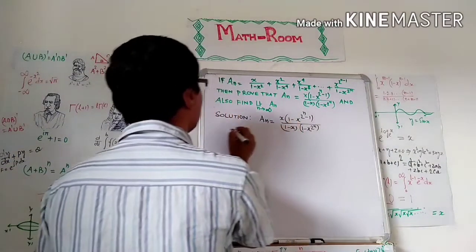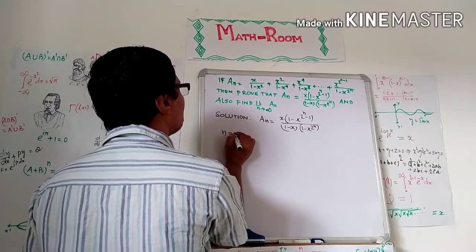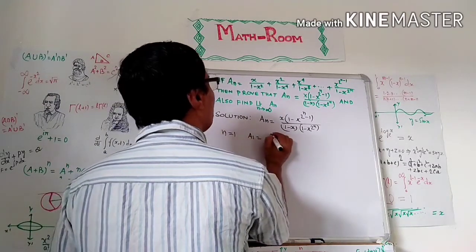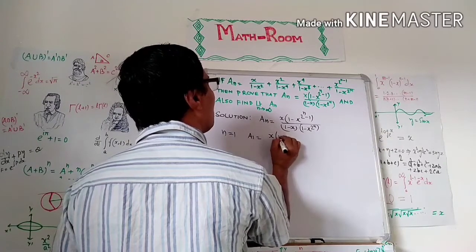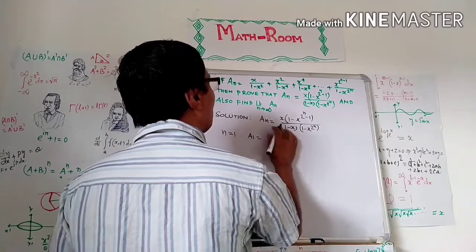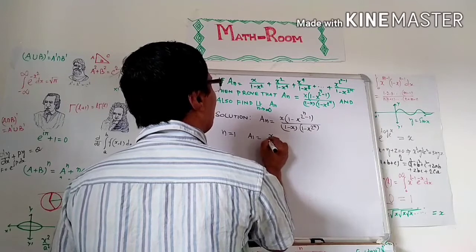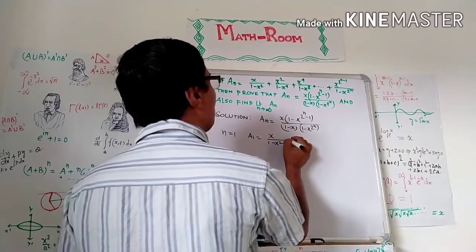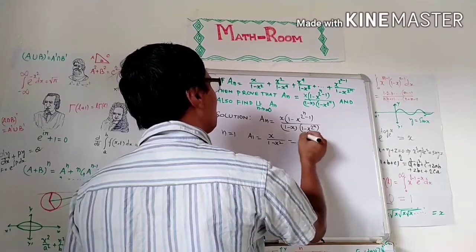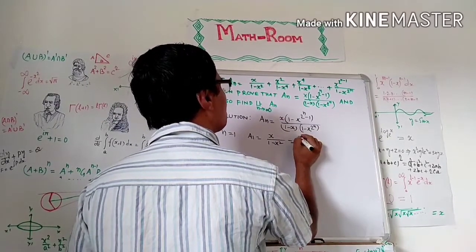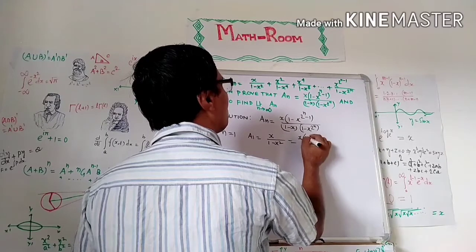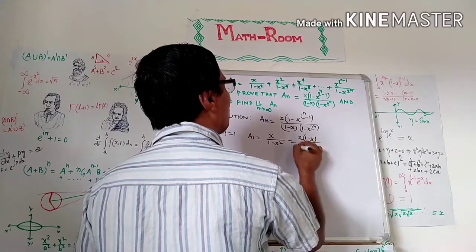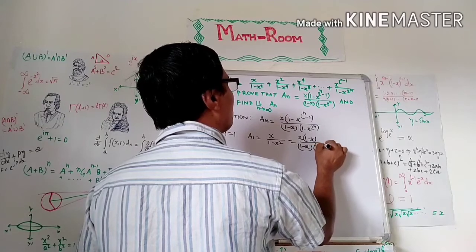Take two observations. For n equal to 1, a1 equals x over 1 minus x squared. If we multiply both numerator and denominator by 1 minus x, we get x into 1 minus x over 1 minus x into 1 minus x squared.